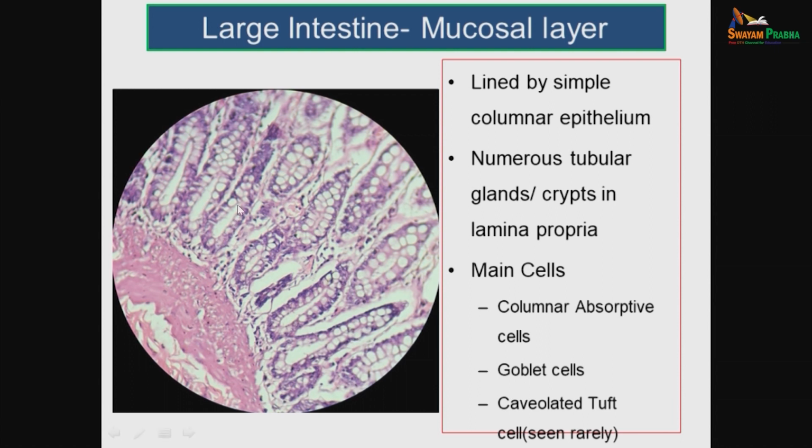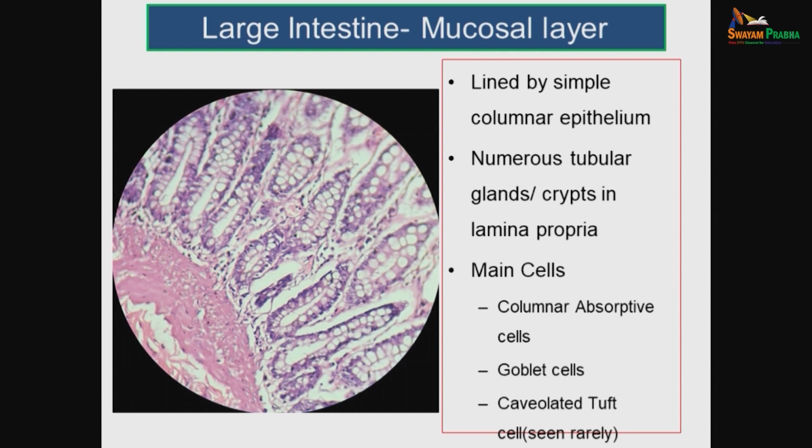The mucosa of the large intestine, this is a high-power view that we are seeing. You can see it is lined by simple columnar epithelium. By simple columnar epithelium, what we mean is it is one layer and the columnar epithelium is simple.